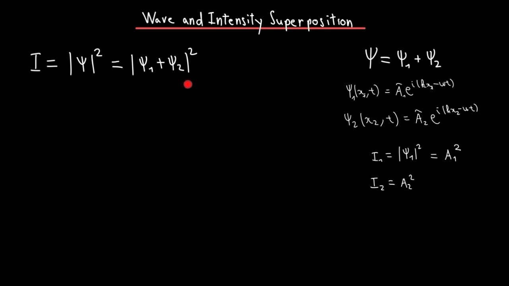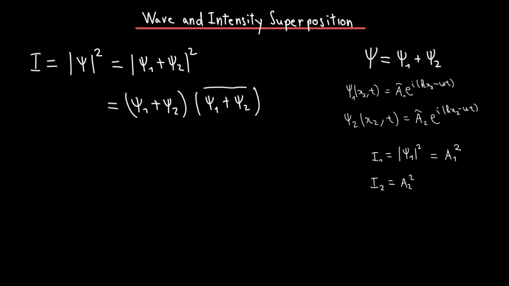Therefore, the modulus squared of psi1 plus psi2 is actually just psi1 plus psi2 times the conjugate of this whole complex number, which is psi1 plus psi2 bar, where I'll use the bar notation to specify that it's the complex conjugate.